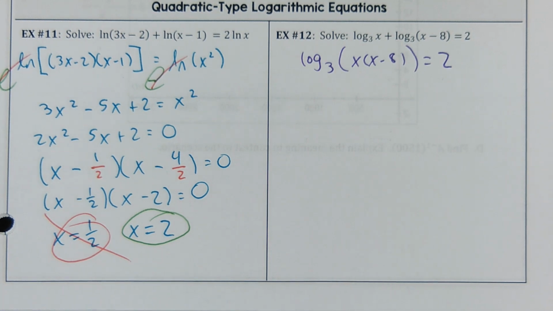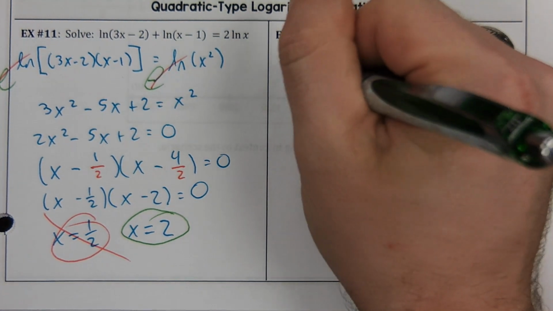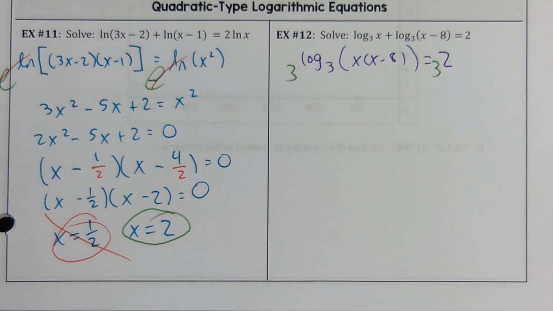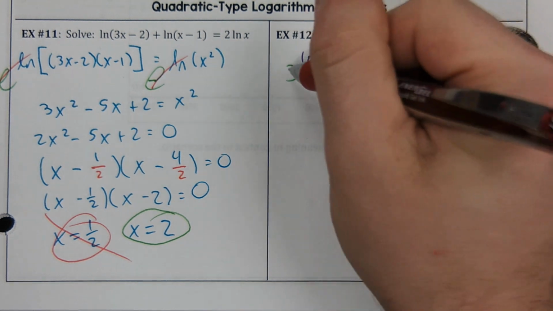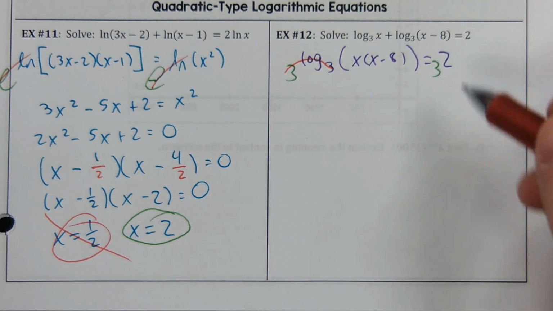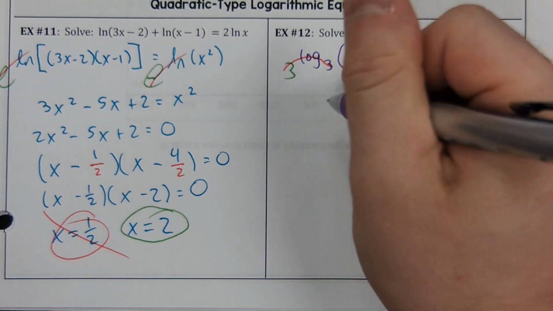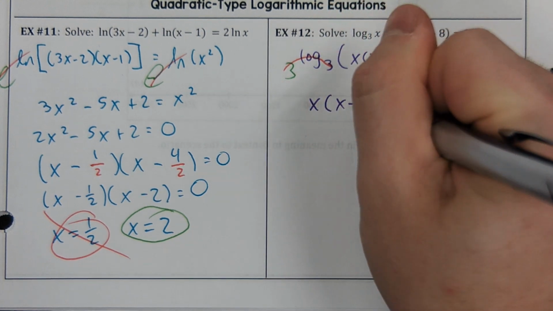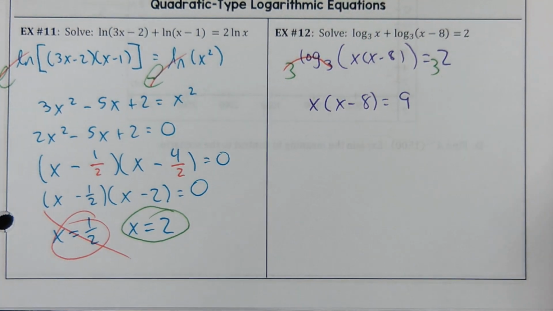And now you can cancel the logarithm. Use exponential base 3 on both sides. Just be careful, because on the right side, that's 9. So I have x times x minus 8 equals 9.